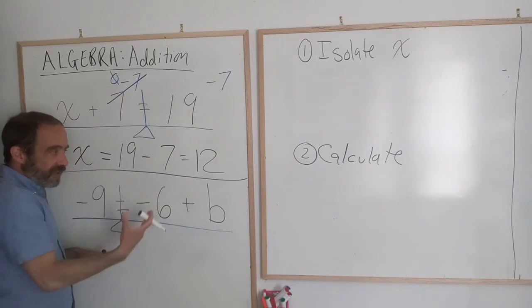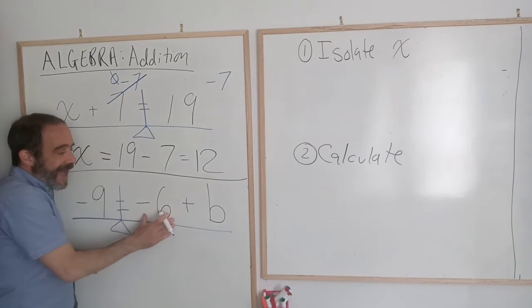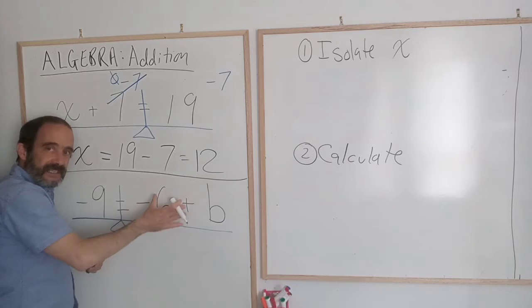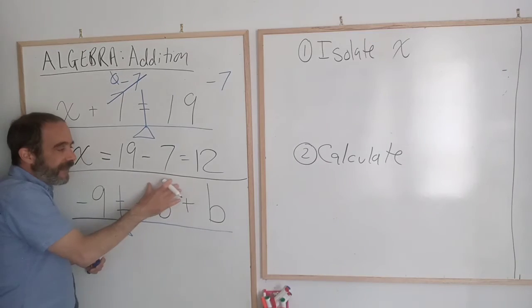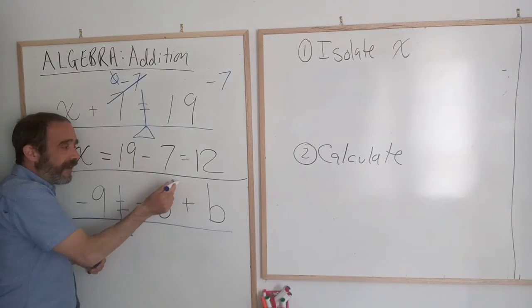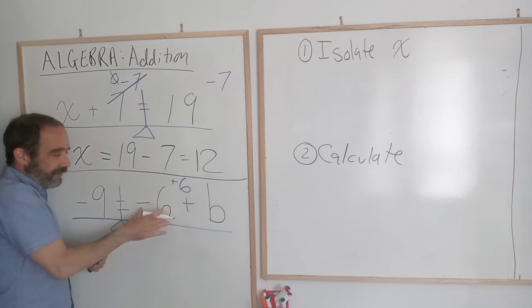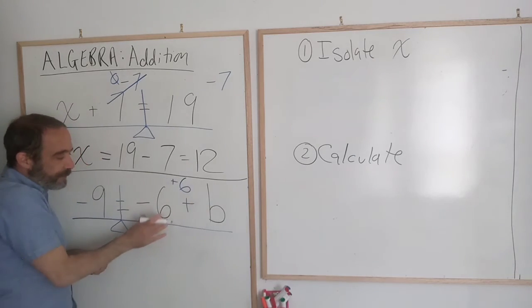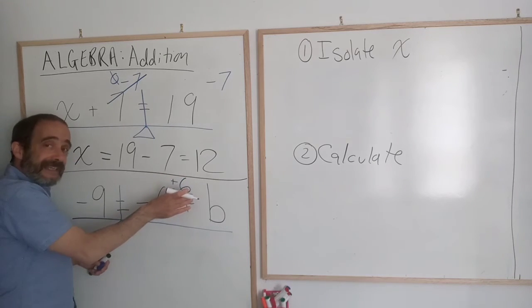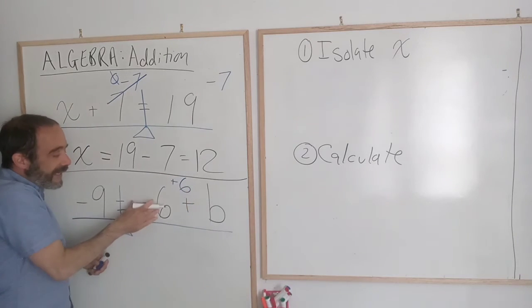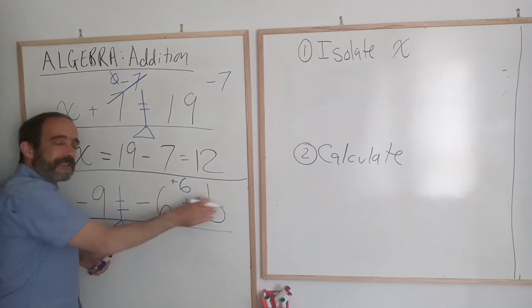So the way I show this work is that when I'm adding 6 to this side of the equal sign, I just put it above and to the right of the thing I'm trying to affect. So instead of putting it over here or something like that, I'm just putting it above and to the right of that -6. This means -6 plus 6 plus b.